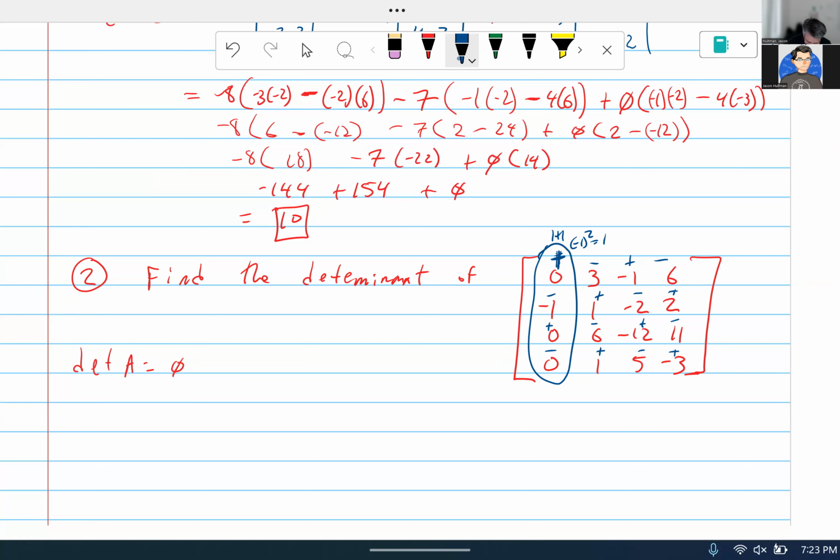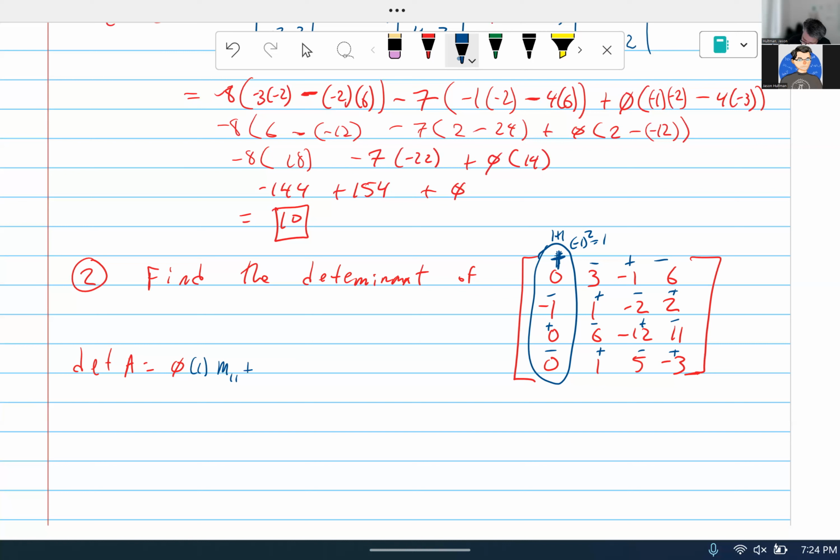It's going to be 0 times 1 times the minor of 1, 1, okay? And we don't have to calculate that out because it's going to go to 0 anyway. We're going to multiply by 0 and it's just going to go to 0. And so we don't have to worry about that. The other 3 zeros, we're going to get the same thing. I will do the next one here.